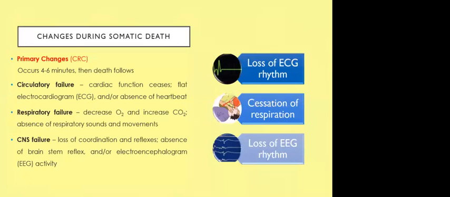Okay, and then the third one under primary changes is the central nervous system failure. So there is already loss of coordination of reflexes in various parts of the body. The body is already unable to move, and this one can be confirmed by electroencephalogram or EEG. So there is no activity already in the brain.